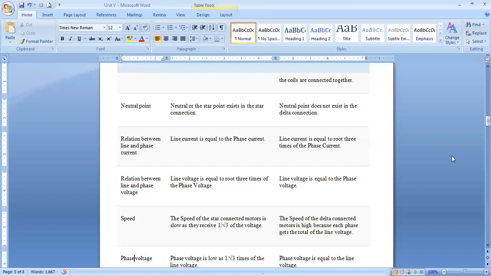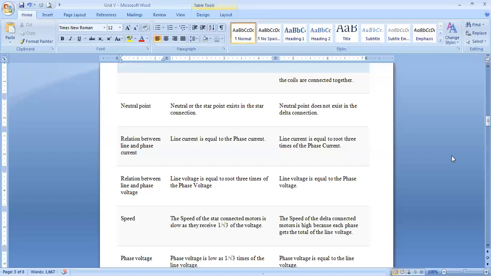Clear? Now, the speed of the connection, the speed of the star connected motors. The star connected motors receive 1 by root 3 of the voltage. For the star connection, the current is the same, but the voltage is different.